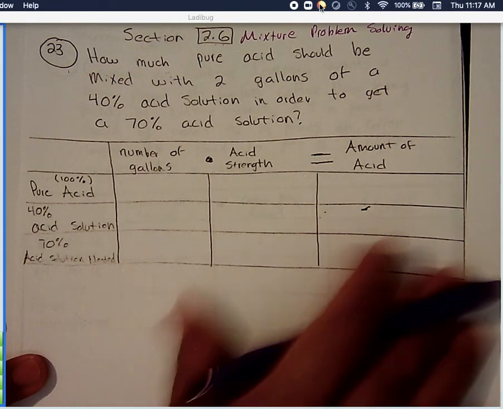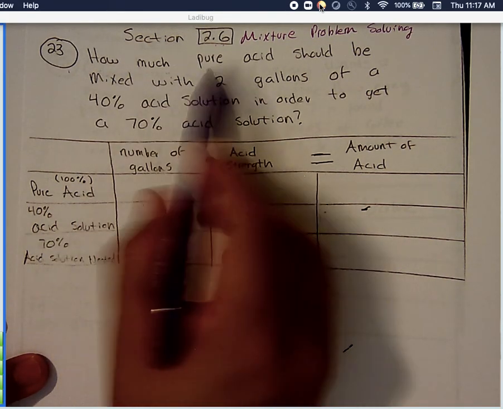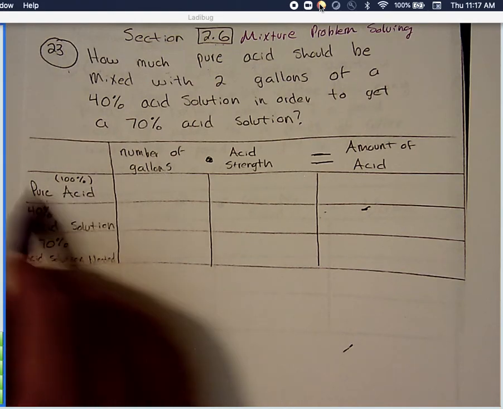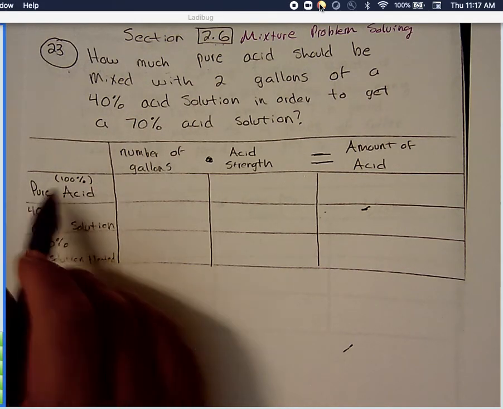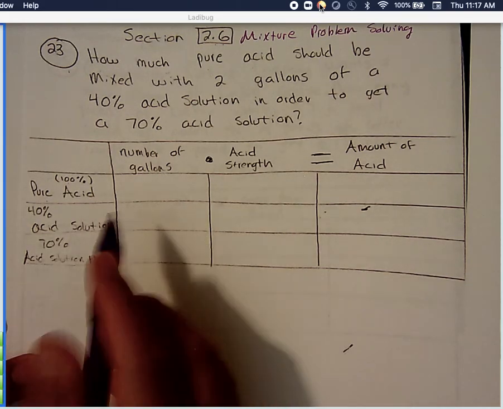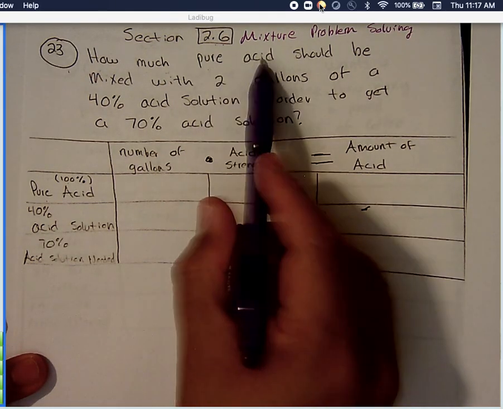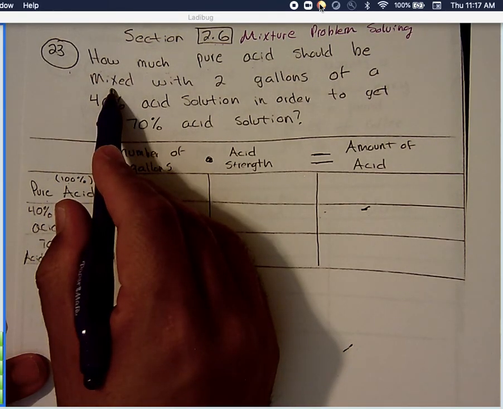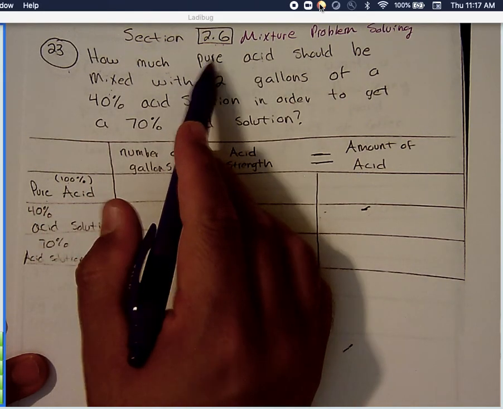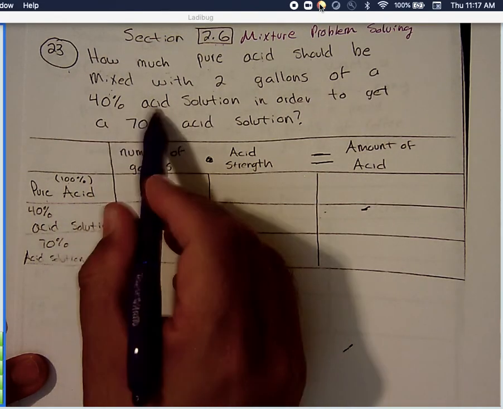So we're gonna mix stuff here. Let's read this. How much pure acid? So they're talking about pure acid. In the book they put a table like this: pure acid, and that means 100%. If it's pure, it has to be 100% just acid. And then how much pure acid should be mixed? When they say mixed, they're adding two different types of acid, with 2 gallons of a 40% acid solution.